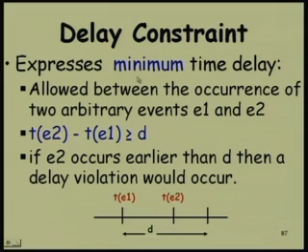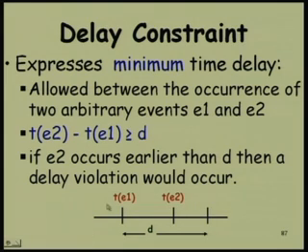This delay constraint expresses the minimum delay that needs to elapse before an event should be produced. The delay constraint is the minimum delay that must elapse from one event before the other event is produced.